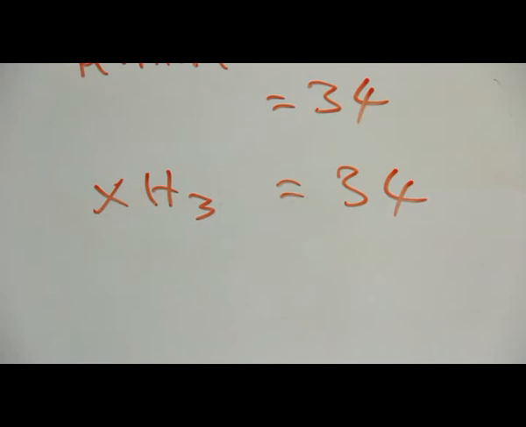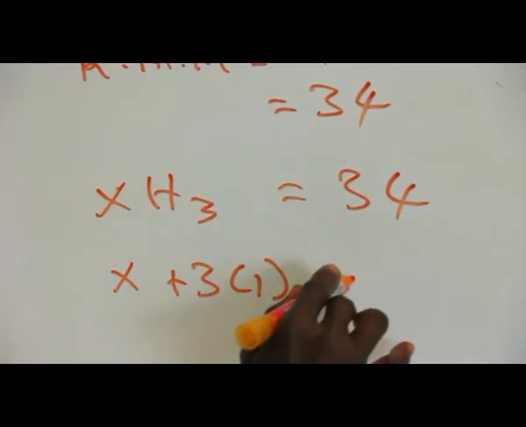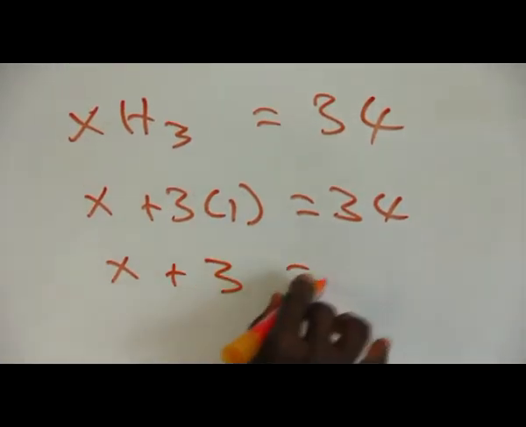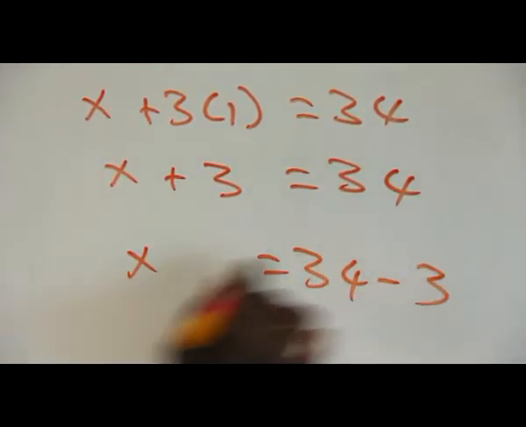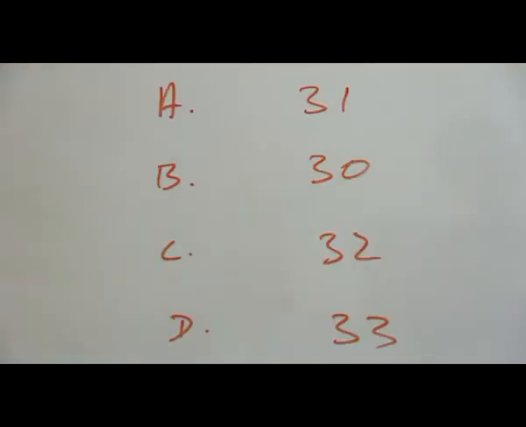Now, we know that hydrogen is 1. So that's X plus 3 into 1 is equal to 34. X plus 3 is equal to 34, and X is 34 minus 3, and X is equal to 31. Now, from the explanation on the board, X is 31, and consequently, the correct option is A.